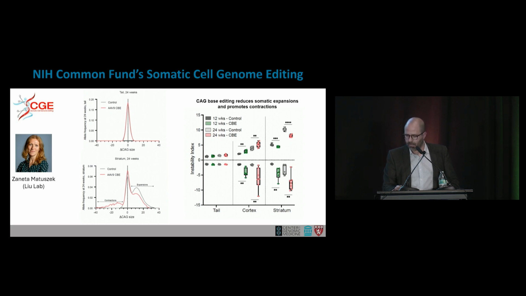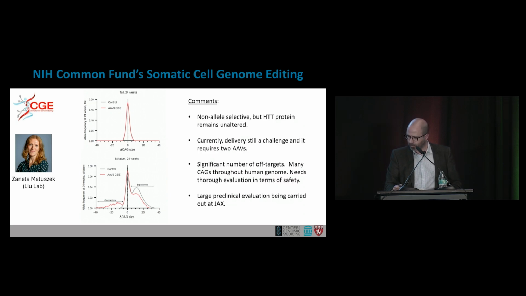This is ongoing. Like I said, we're conducting more thorough preclinical studies at the JAX. To reiterate, it's non-allele selective. You're targeting both alleles, but you're converting CAGs into CAAs, exactly coding for polyglutamine. The protein should remain unaltered.